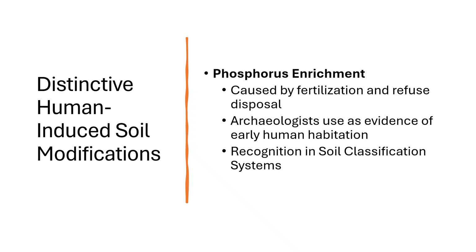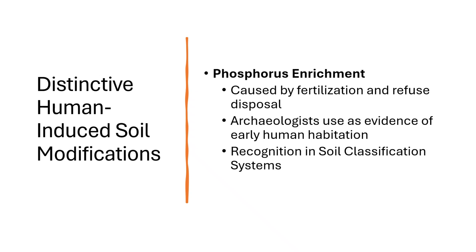If they find high levels of phosphorus in a soil layer that wouldn't naturally have it, it's a strong indicator that humans once lived there, perhaps for thousands of years. It points to past settlements, farming, waste disposal sites. It's truly our chemical fingerprint on the landscape.